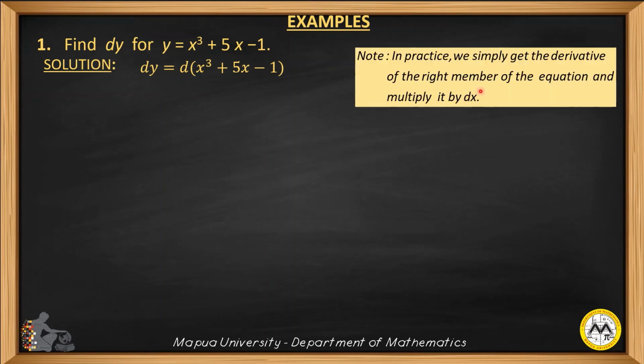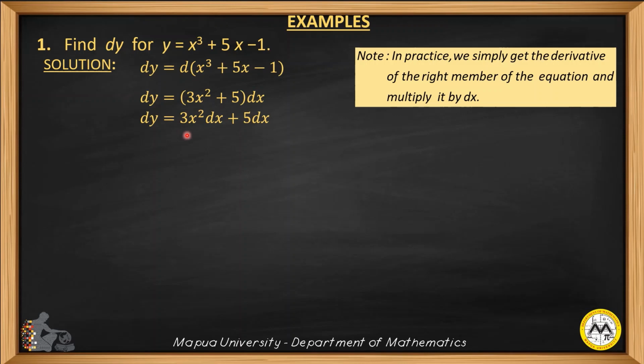In practice, what we do is simply get the derivative of the right member of the equation and multiply this with dx. So dy will just be equal to the product between 3x squared plus 5 and dx, where 3x squared plus 5 is the derivative of x cubed plus 5x minus 1.